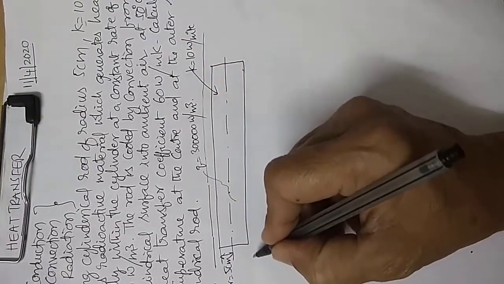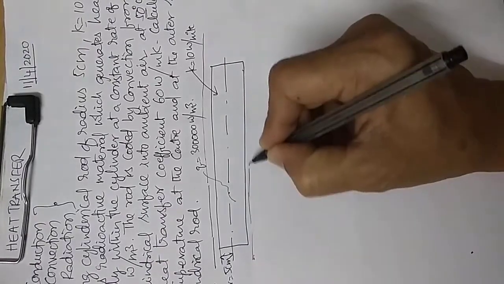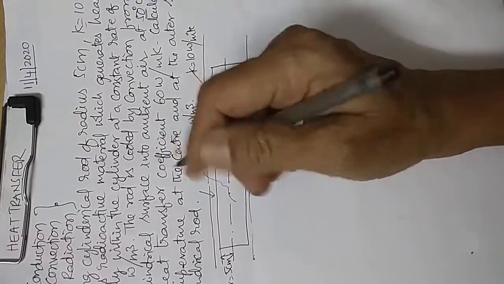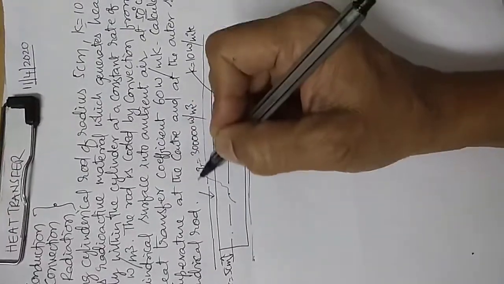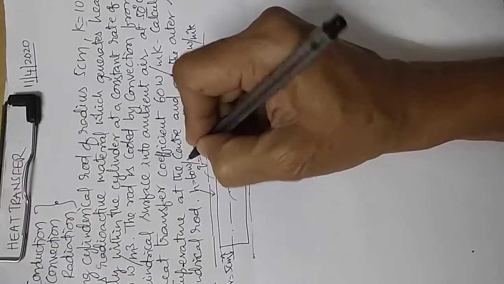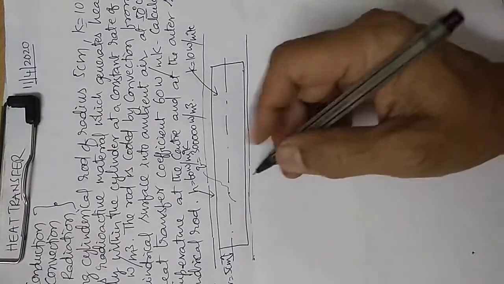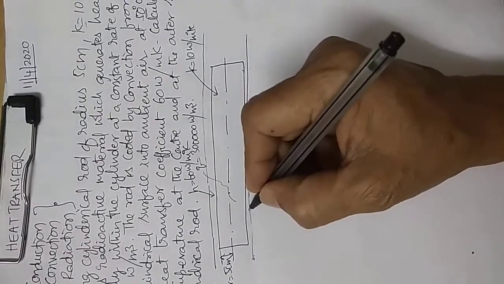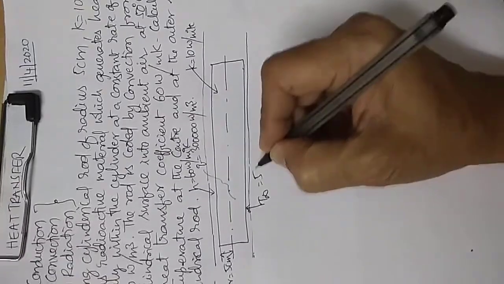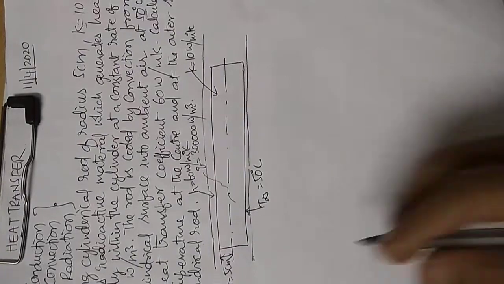That air has a coefficient of heat transfer, that is H, given as 60 watts per meter degree Kelvin, and the temperature of this ambient air, T ambient, is given as 50 degrees centigrade. So this is the information given.